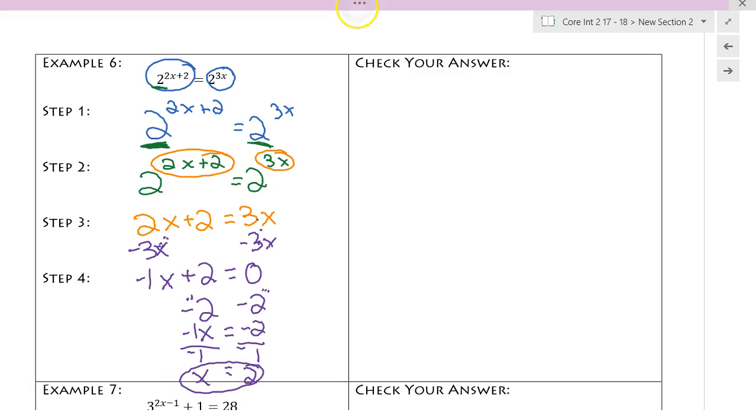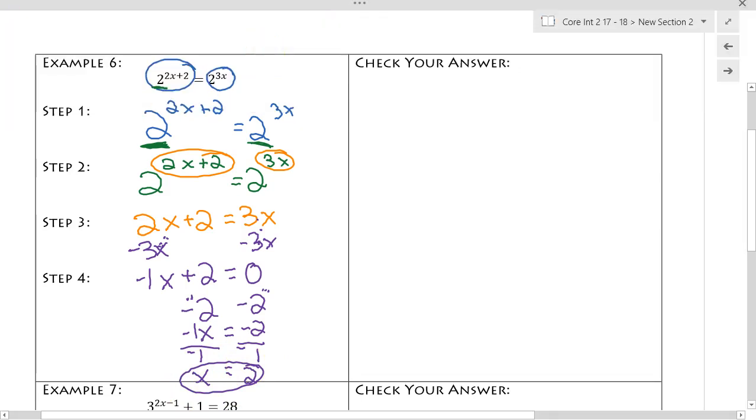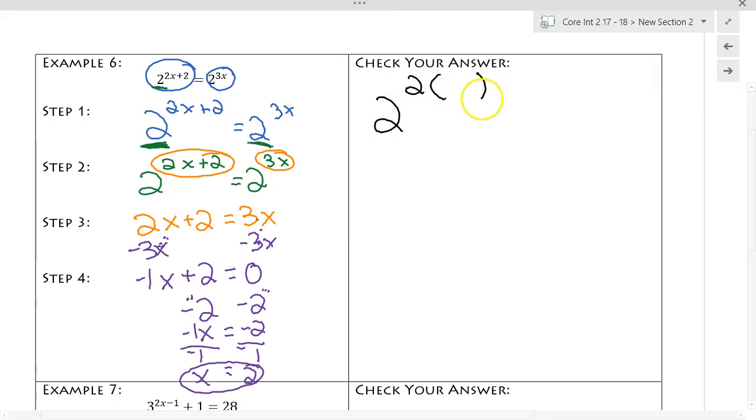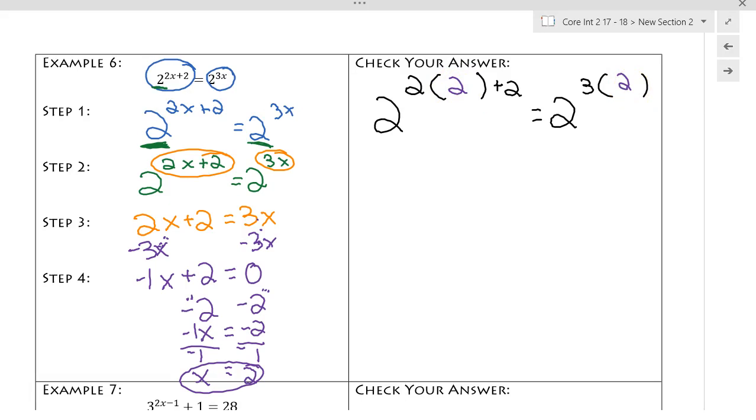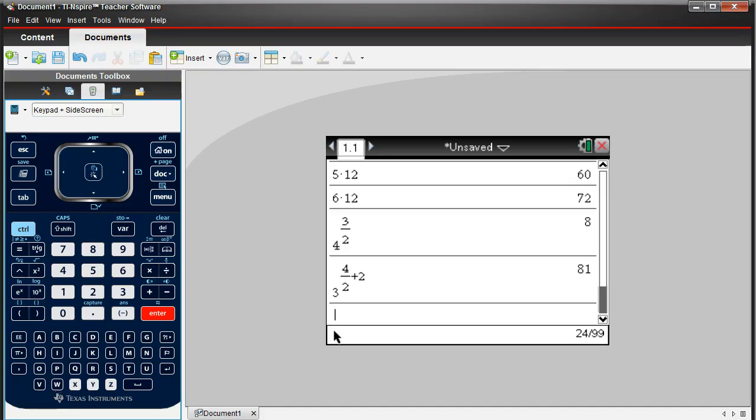Now again, I want to check my answer. So I'm going to put 2 to the 2 with the parentheses instead of the x plus 2 equals 2 to the 3 with parentheses. In that parentheses, I'm going to put this 2. Now, I'm just going to type the left side into my calculator first. 2 to the 2 times 2 plus 2.